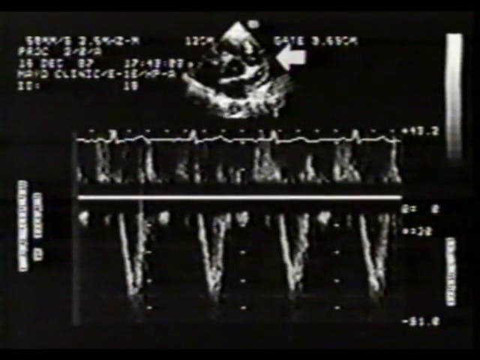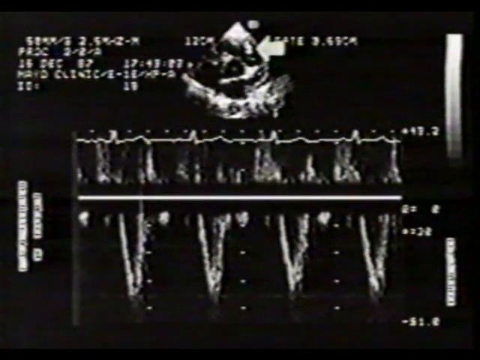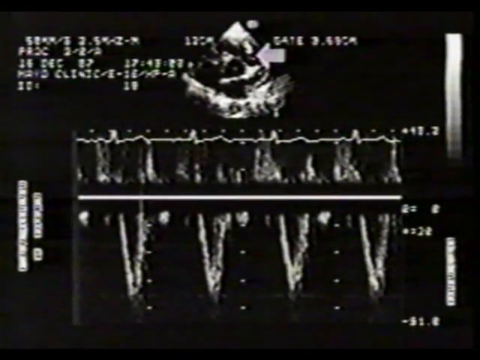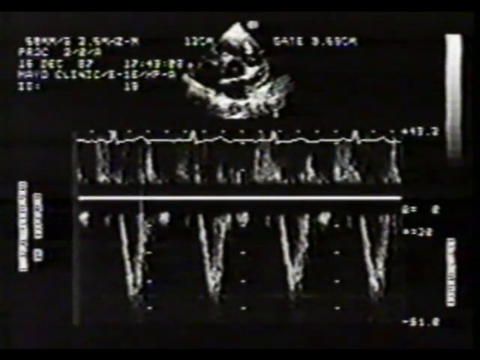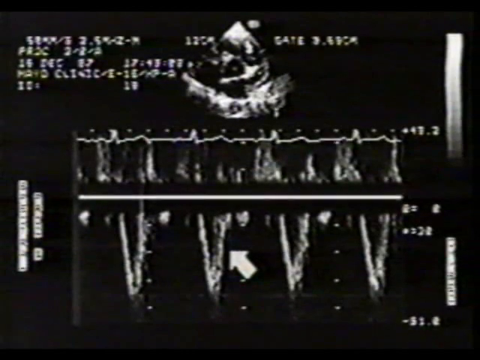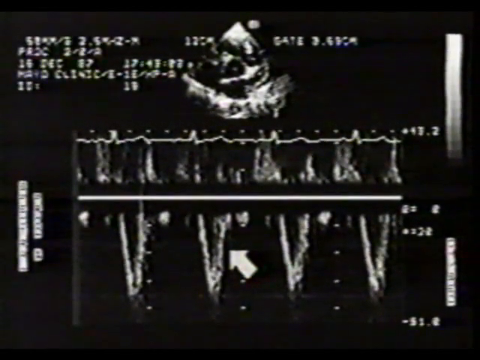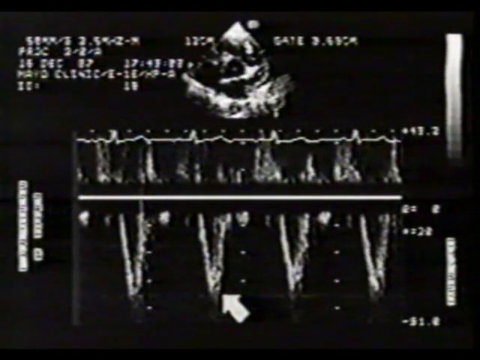This is a parasternal short-axis view. The Doppler sample volume has been placed in the right ventricular outflow tract, adjacent to the pulmonary valve. Flow in the right ventricular outflow tract and pulmonary artery is away from the transducer. Therefore, the systolic velocity spectrum is recorded below the baseline, and this systolic peak is 0.7 meters per second.